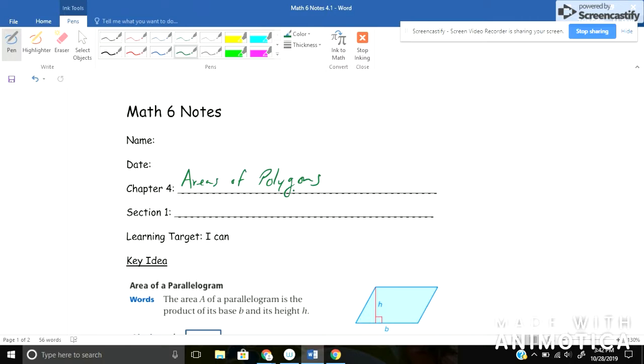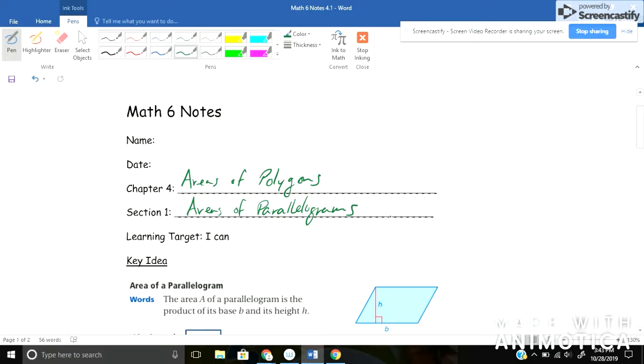So there you go. Moving on to section 1, which is titled areas of parallelograms. A parallelogram is a type of polygon, and it has a couple of parallel sides.